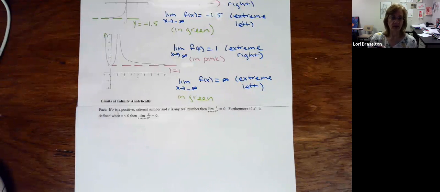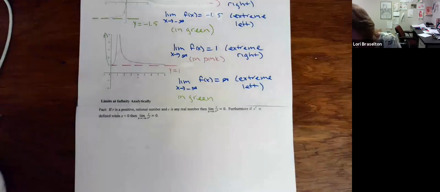So if R is a positive rational number and C is any real number, then the limit as x goes to infinity of C over x to the R equals zero. Further, if x to the R is defined when x is less than 0, then the limit as x goes to negative infinity of C over x to the R goes to 0.